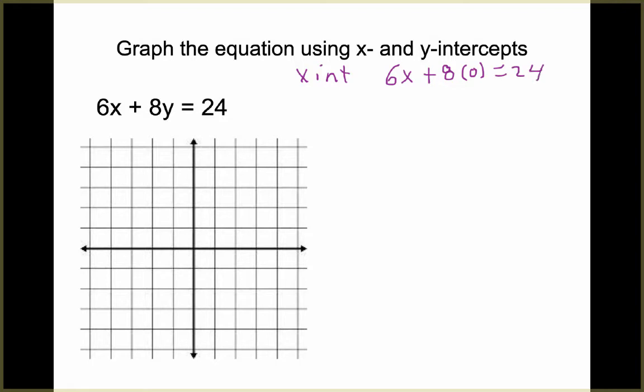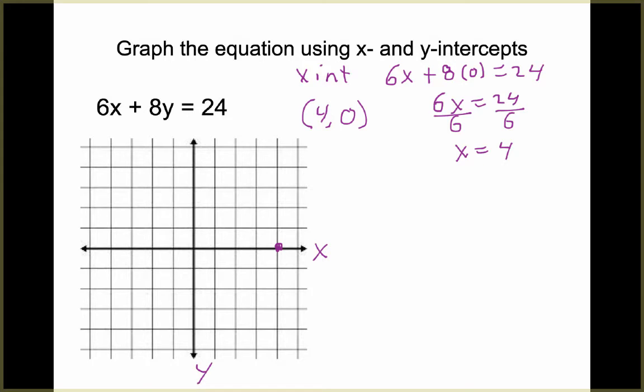And like I said yesterday, make sure you show that you're substituting in 0 for the y. And then we get 6x equals 24, and we divide by 6, and we get x equals 4. So our x-intercept is the point (4, 0). And I will plot this right away. There's (4, 0). Remember, this is my x-axis, and this is my y-axis.